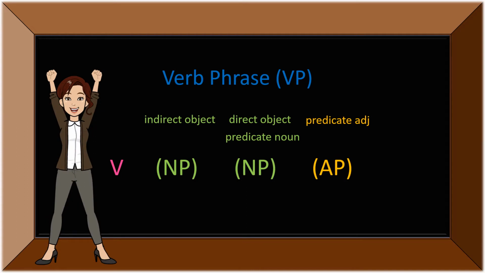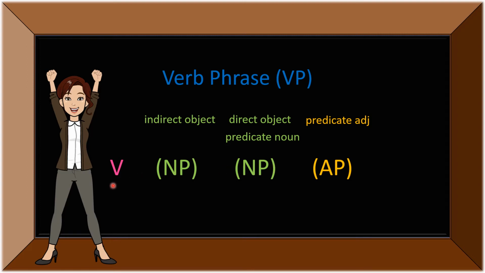Every sentence needs a verb. Now, based off of this verb's classification, you're going to have certain complements behind it. So with an intransitive verb, you're going to need none of these. To show all of these possibilities, we're going to have other components in parentheses.